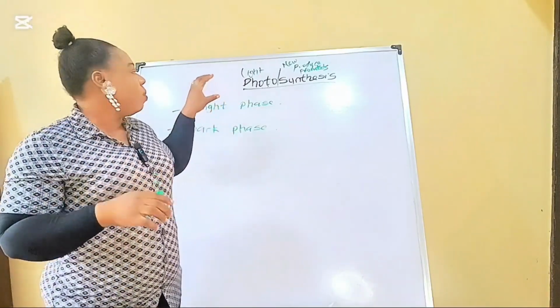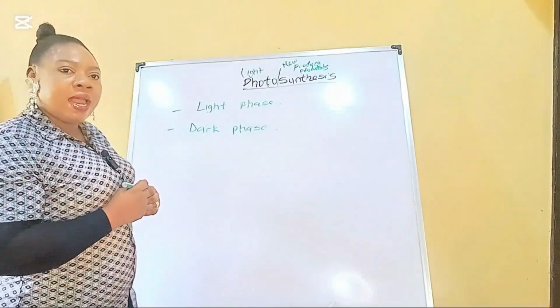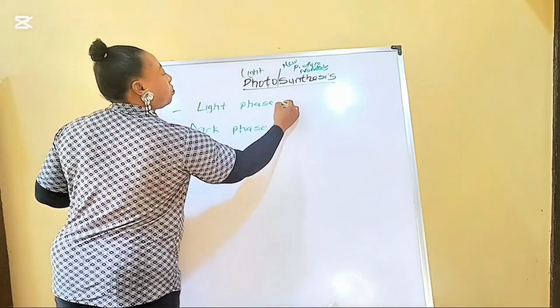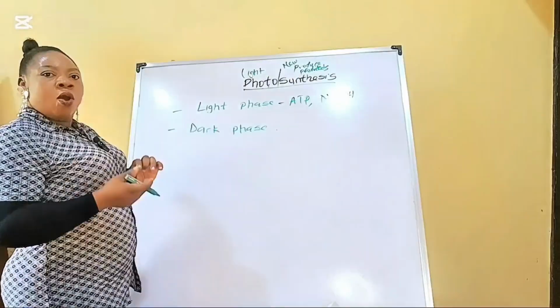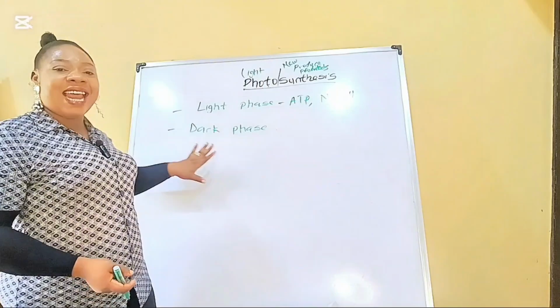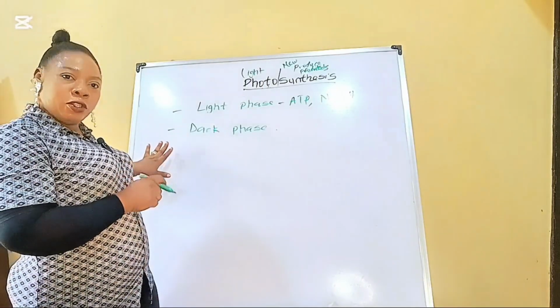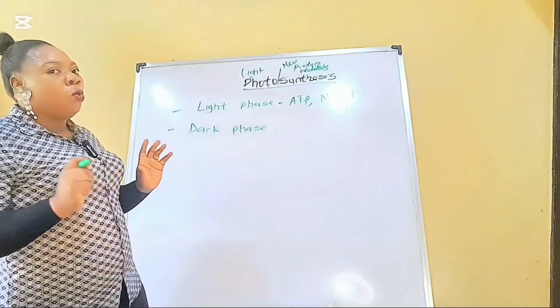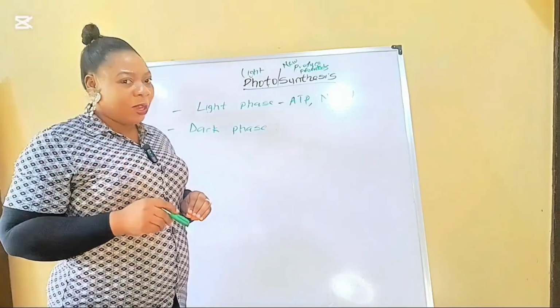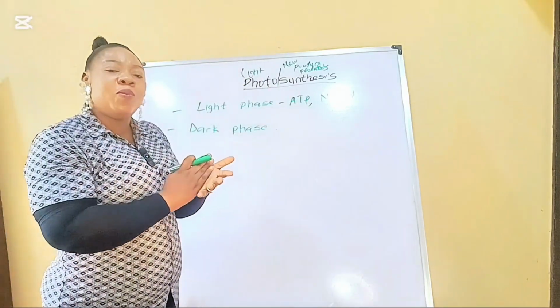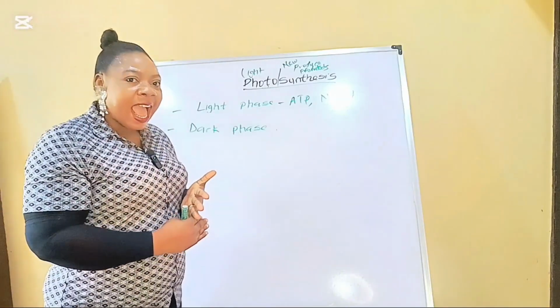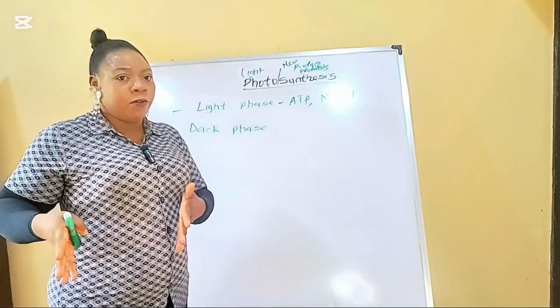Now, in this light reaction, the products here are 1 ATP and 2 NADPH. Now, the product here is what the dark phase will make use of. So we will get there. Most importantly now, the energy that we get from this light phase is gotten from the electron transport chain and the oxidative phosphorylation.